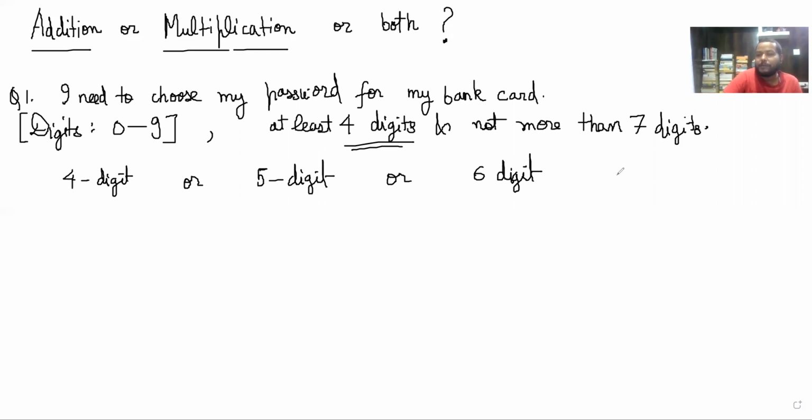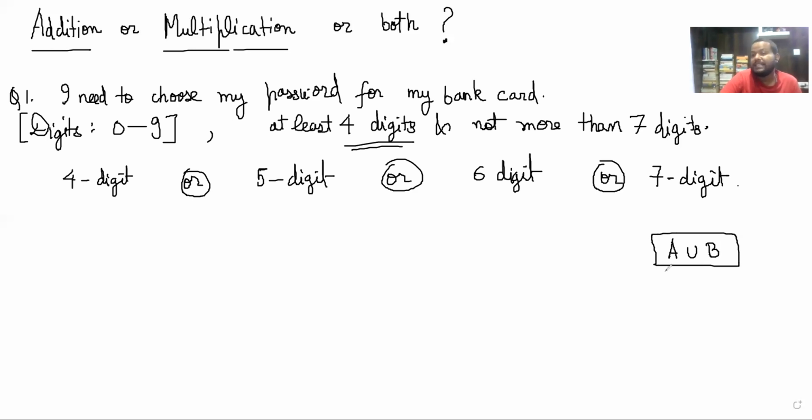So remember this principle: whenever you have to say "or" in a combinatorial problem, it is basically a union of sets. A union B means an element in A union B can be either in A or in B. A union B is associated with the or statement.